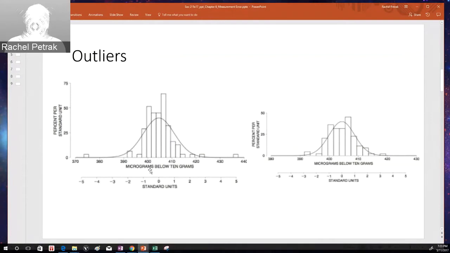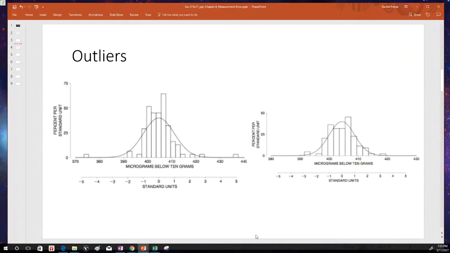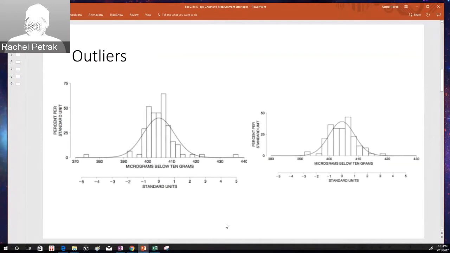As you can see in the figure on the left, we've got measurements here from the National Bureau of Standards in Washington, D.C., and their measures in grams, but this could be any generally normally distributed variable where there's some outliers like this, and we usually see these outliers.